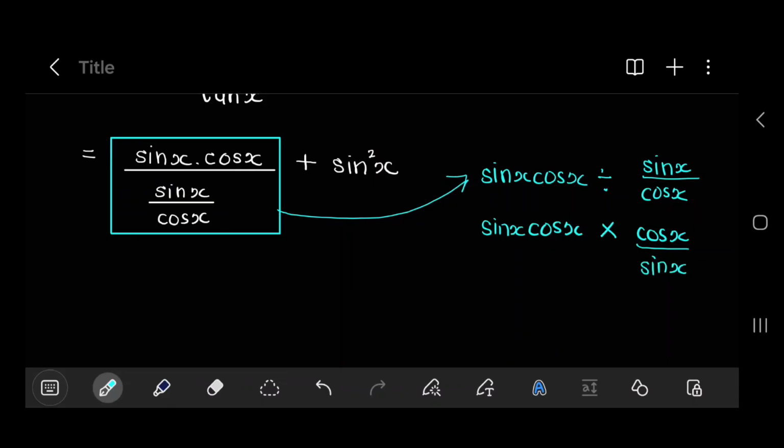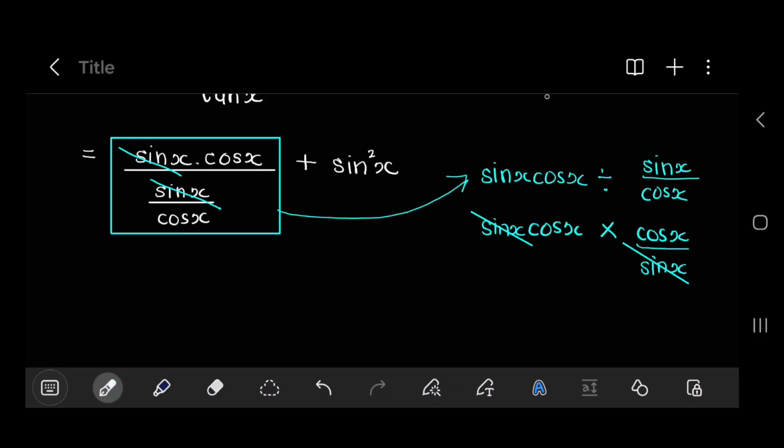At this point, you are allowed to cross cancel. If any of your numerators and denominators are the same, they cancel out. So we notice that we've got sine x in the denominator as well as the numerator here. They cancel out. So here, the sine x cancels out. And what we're left with is cos x times cos x.